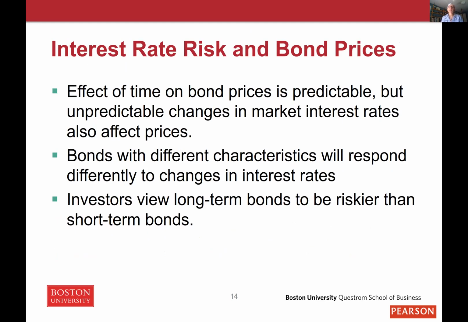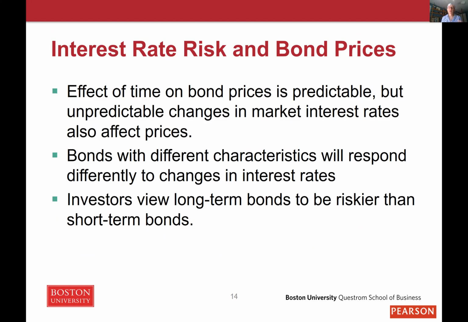Now what we're going to do is look at what happens when interest rates change. As we've said, the effect of time is predictable, but we don't know what's going to happen in the market. We don't know how interest rates are going to change over the 20 to 30 years that this bond may be outstanding.